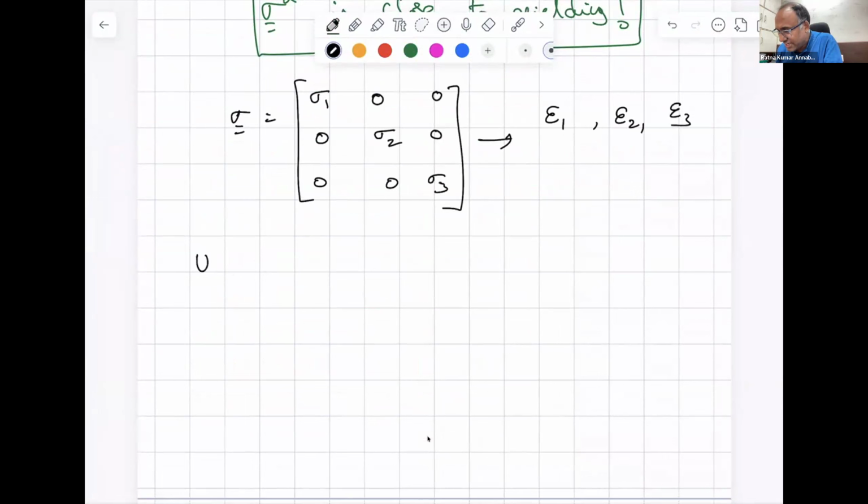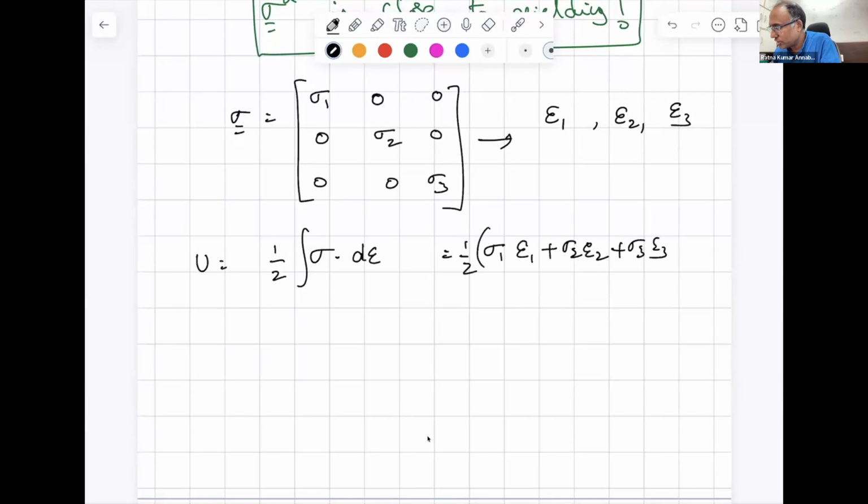Then the strain energy can be written as 1/2 integral sigma d epsilon, which will become sigma 1 epsilon 1 plus sigma 2 epsilon 2 plus sigma 3 epsilon 3. That is your total strain energy.